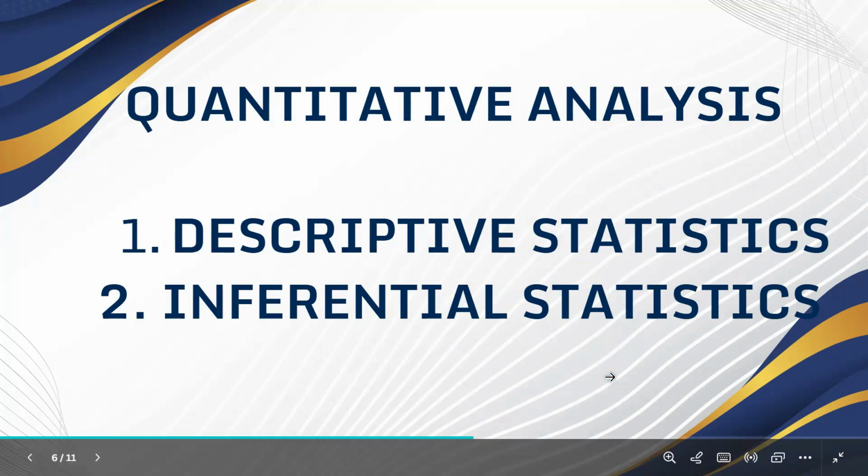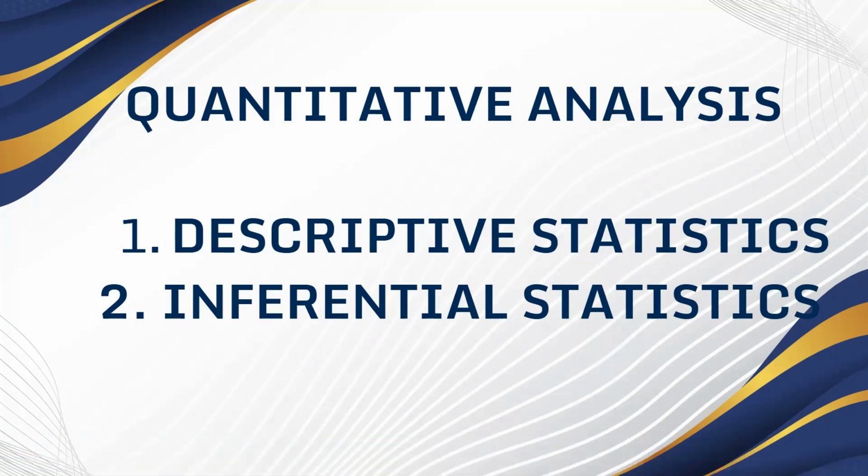And because most of you will be doing epidemiological kind of research studies with quantitative data, I thought I should also highlight the two major types of quantitative analysis that you will most likely do. One is descriptive statistics.